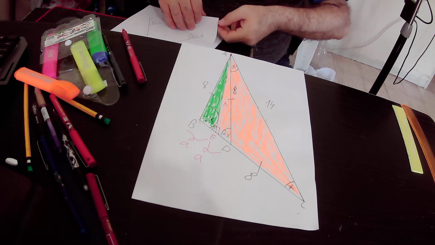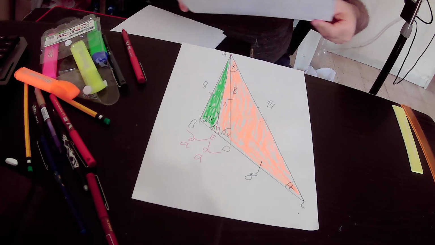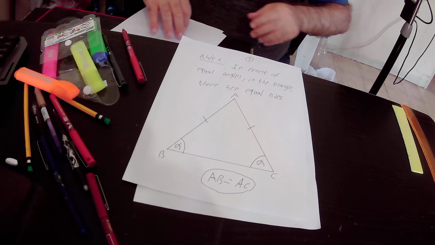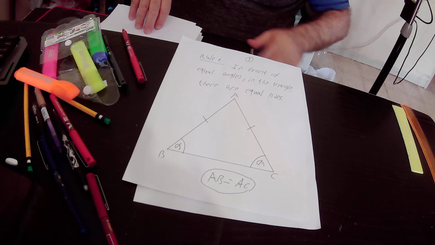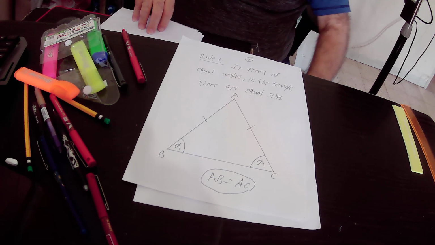And we have rule number 1 that states that in front of equal angles in the triangle there are equal sides.